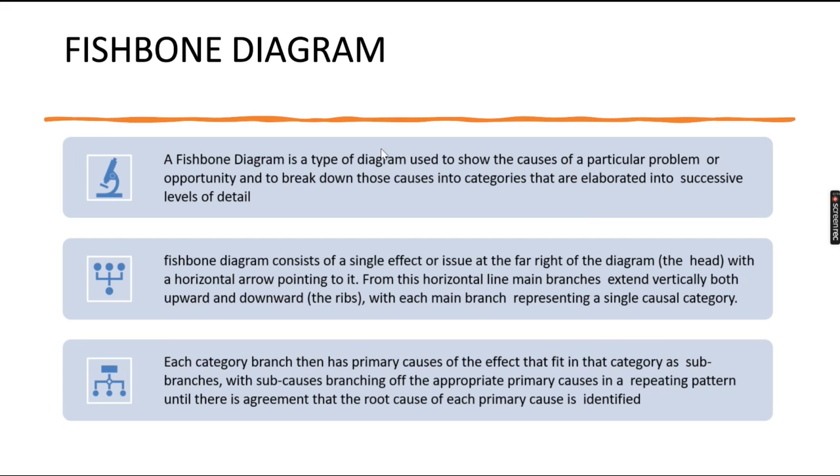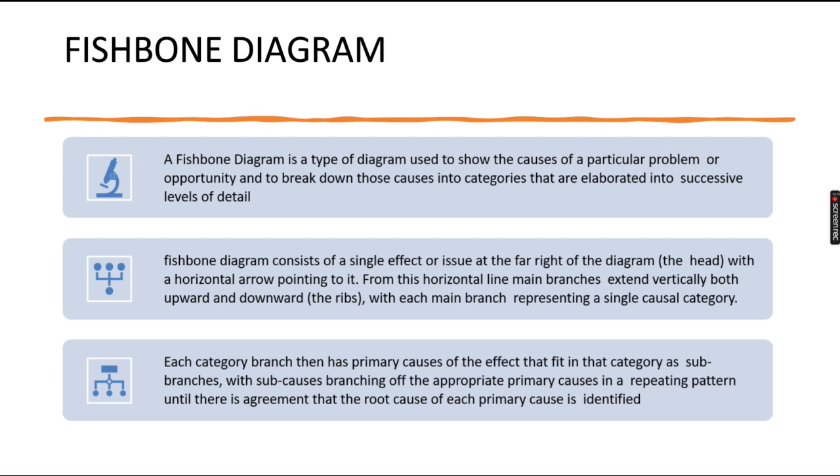Now, the fishbone diagram. A fishbone diagram is a type of diagram used to show the causes of a particular problem or opportunity and to break down the causes into categories that are elaborated into successive levels of detail. The fishbone diagram consists of a single effect or issue at the far right of the diagram with a horizontal arrow pointing to it.